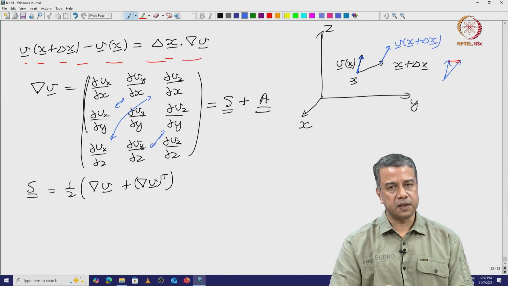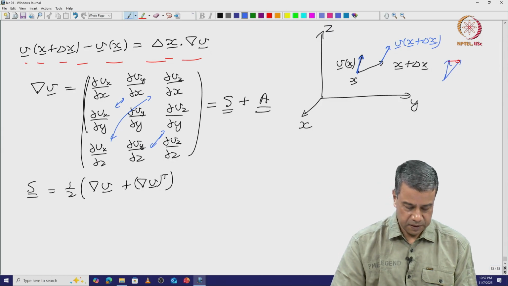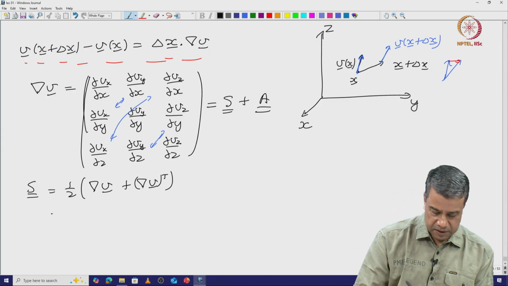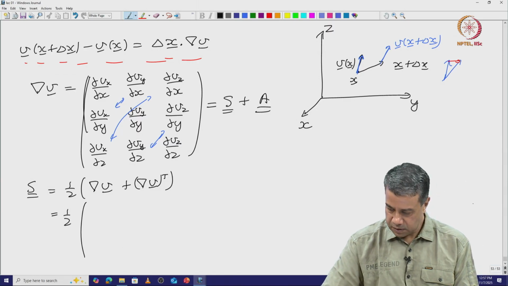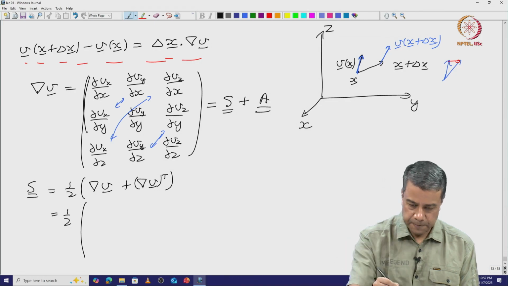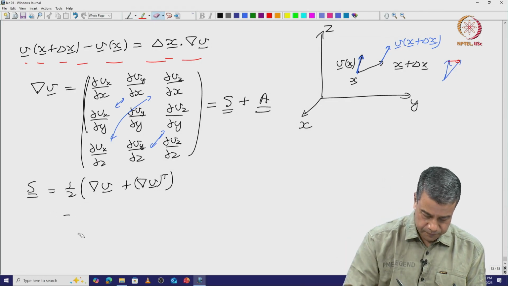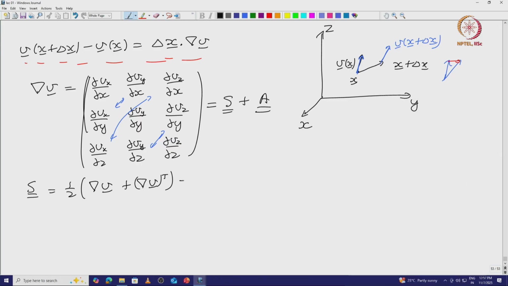If you interchange these, you get the transpose. So, therefore, this can be written as half of the matrix plus its transpose. The first term will just be partial Vx by partial x, because the transpose is equal to the component. This will be half of partial Vx by partial y plus partial Vy by partial x.